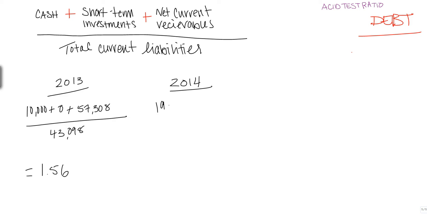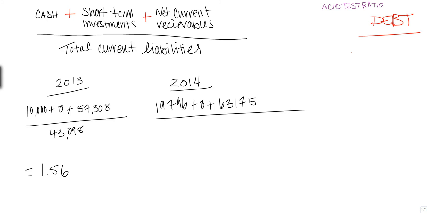Okay, but in 2014, of course, like anything, things changed. Our cash on hand was $19,796. We had no short-term investments. We're still working on things. But we had $63,175 in net current receivables.